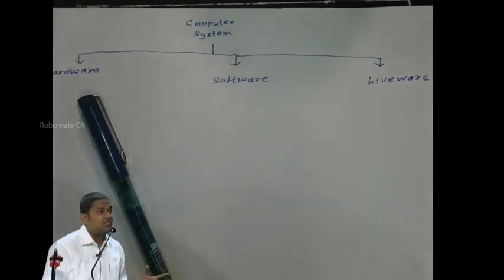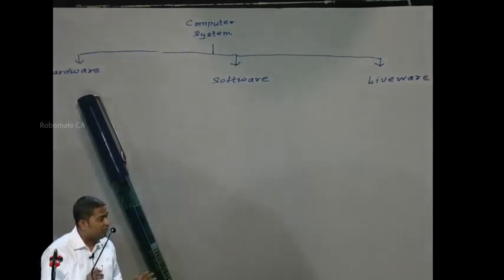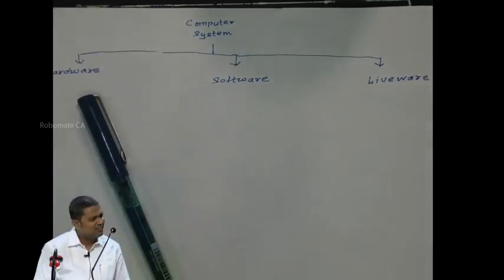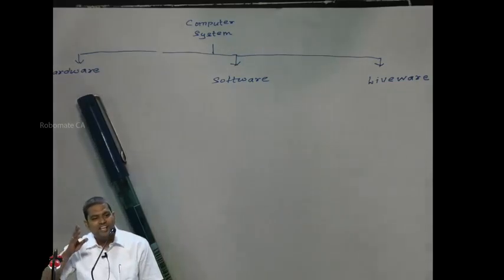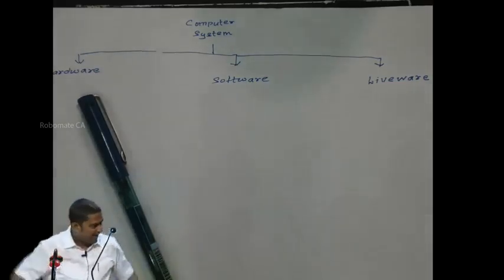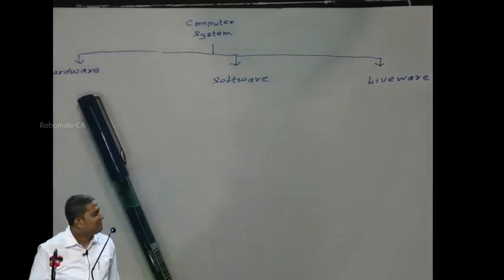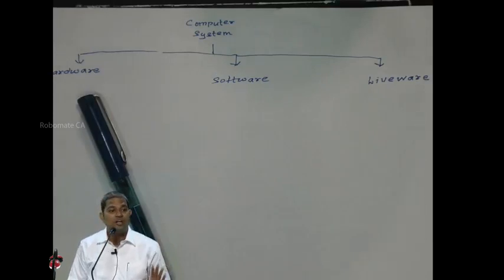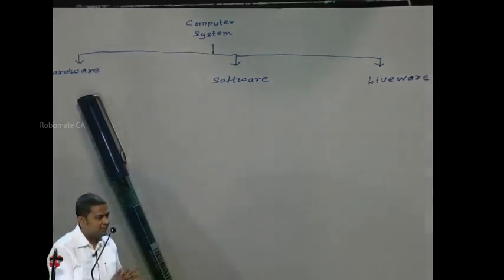But again, it does not mean that only software is important. Suppose there is only software and there is no hardware. What's the use? You will be sitting on some banyan tree. You require this hardware. So hardware and software both are important. Are you understanding the importance of hardware and software?